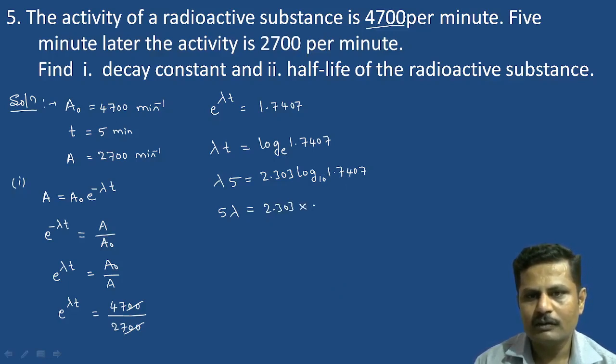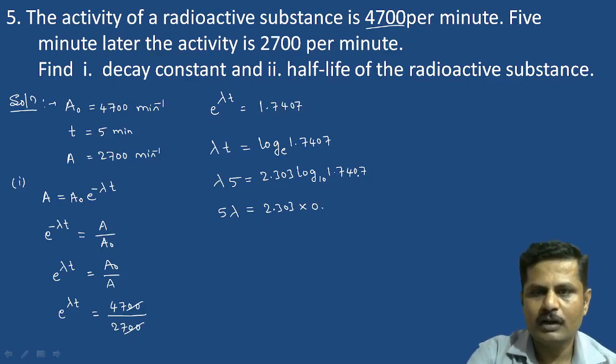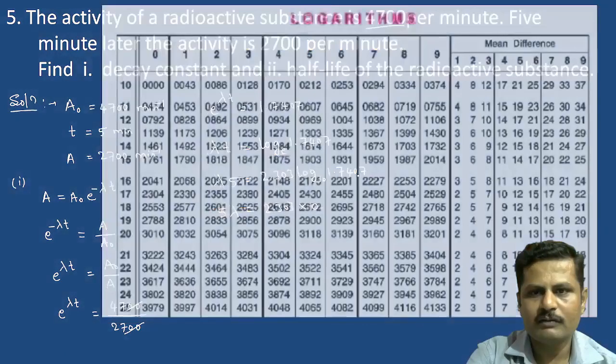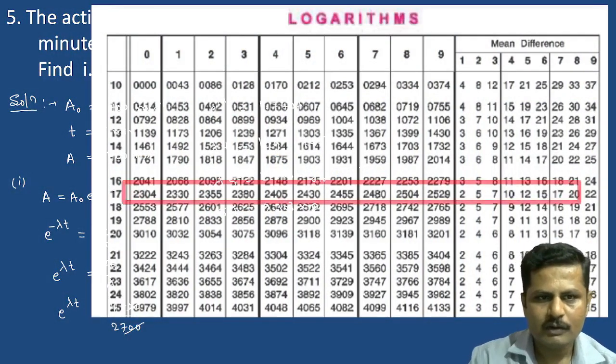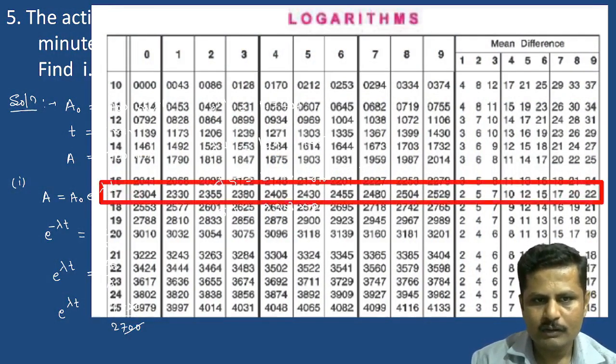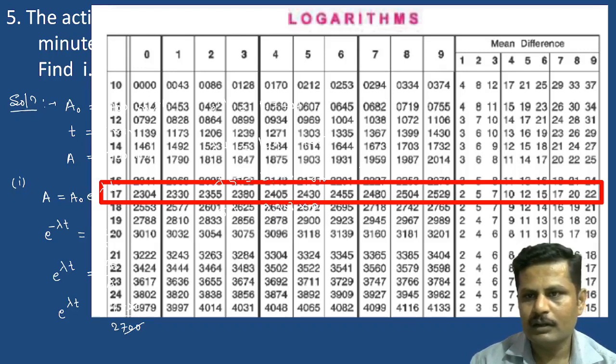Here we have 1, so the characteristic will become 0, and then for 17 we have to see the common log table. We see the 17 row, fourth column, which gives 2405, and then for the 2 in the mean difference column we get 2407.